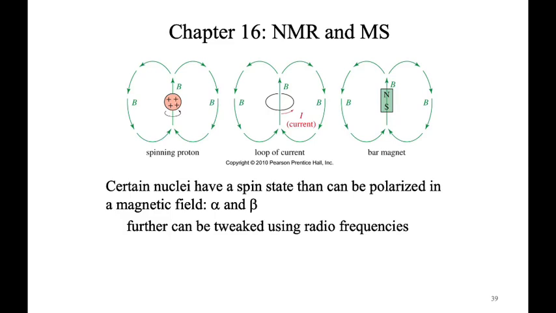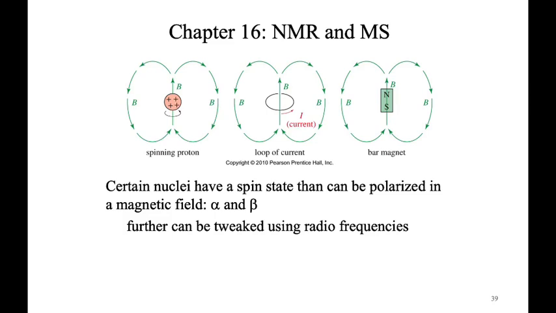That's where what we're going to fire at it are radio frequencies. Why radio frequencies? Guess what radio frequencies do? They mess with magnets. So the radio frequencies will cause the sample itself to change its spin.